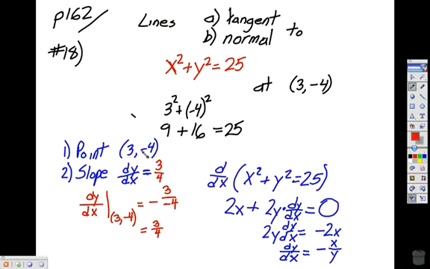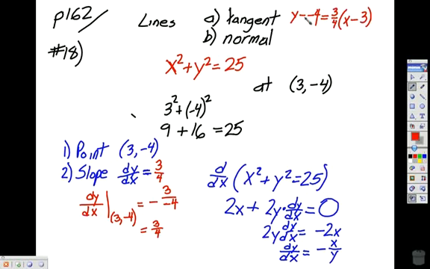Well, now that we've got the point and the slope, we can write the tangent line. The tangent line will be y minus the y-coordinate, y minus negative 4, equals the slope, dy/dx was 3/4, times x minus the x-coordinate of our point, 3.